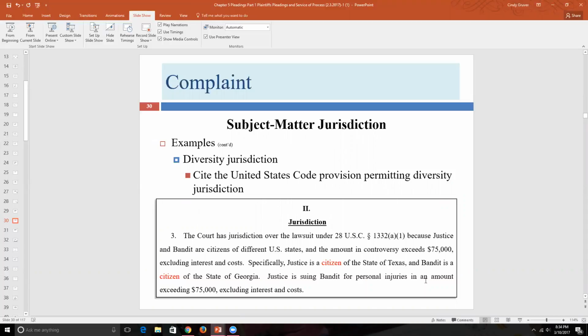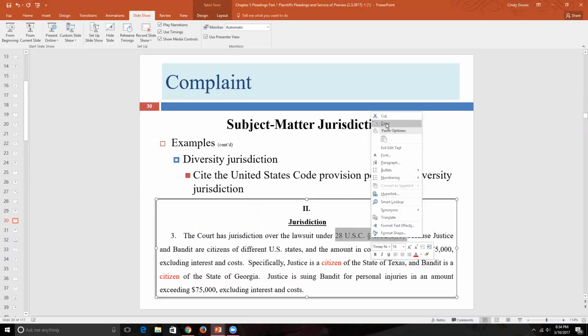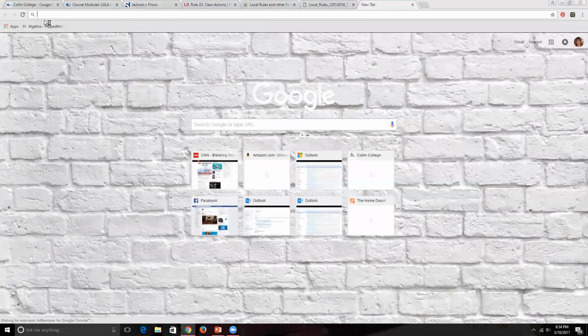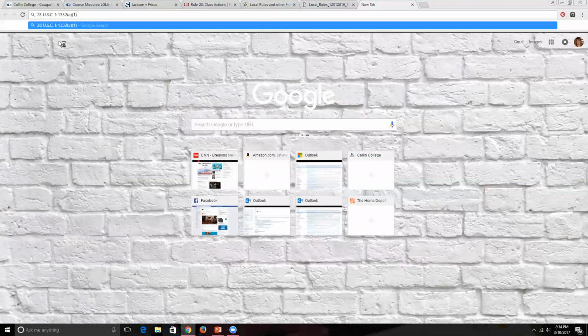Here's an example of diversity jurisdiction. This is another, obviously, very common way to get into federal court. In fact, the single most common way to get into federal court. The court has jurisdiction over this lawsuit because of this section. And by the way, let's just go ahead and look. Copy. Why don't we just look at this statute, I'm just going to put it into Google.